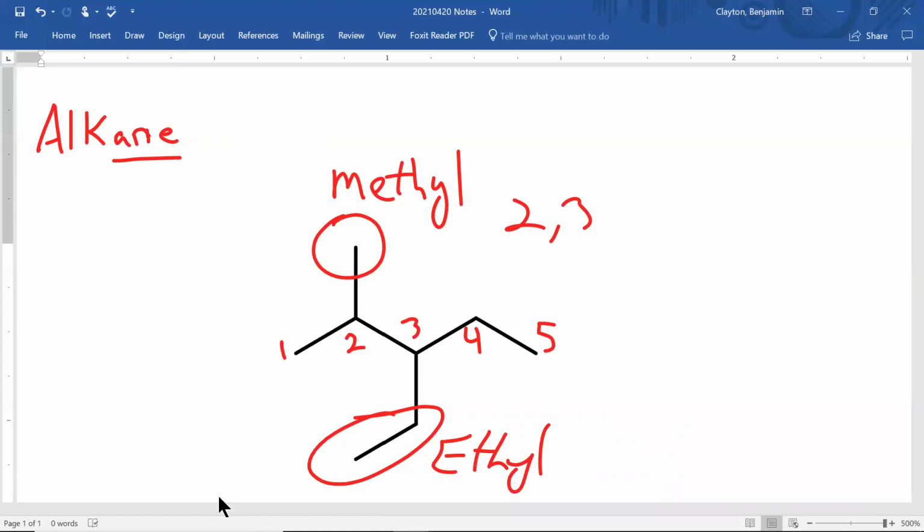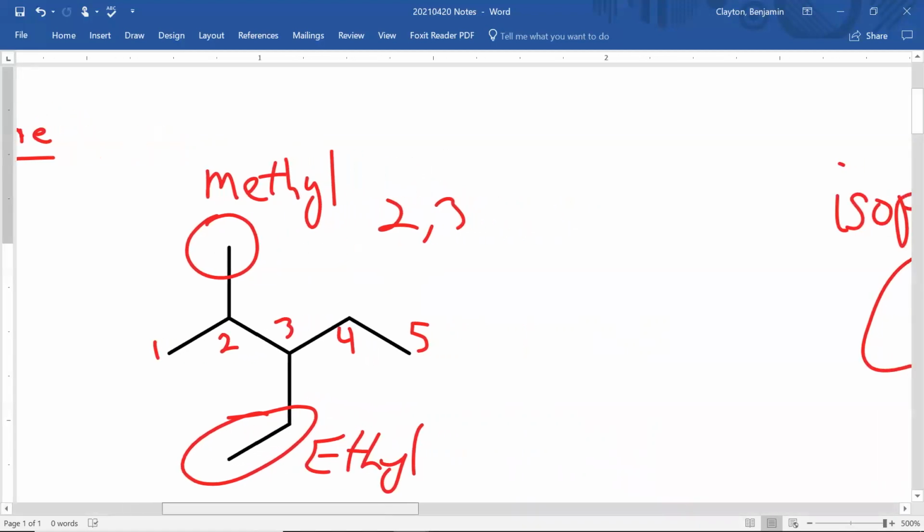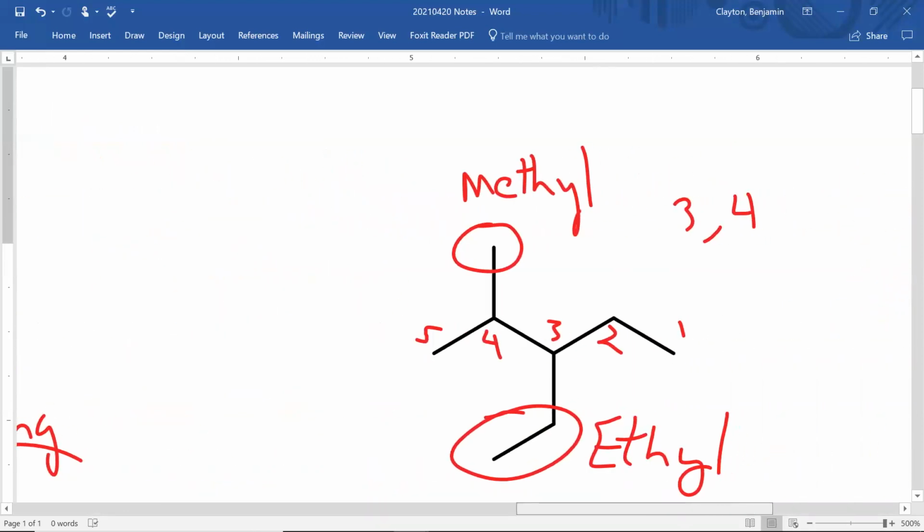Now the rule is we want the first group to have the lowest number possible. If it is equal going in any direction, then we'll go to the group after that, if there is a group after that. And a lot of times there is, and you keep going out and out to additional groups that may be on the chain. In this case, we don't have that. Here we have 2 and 3 versus 3 and 4.